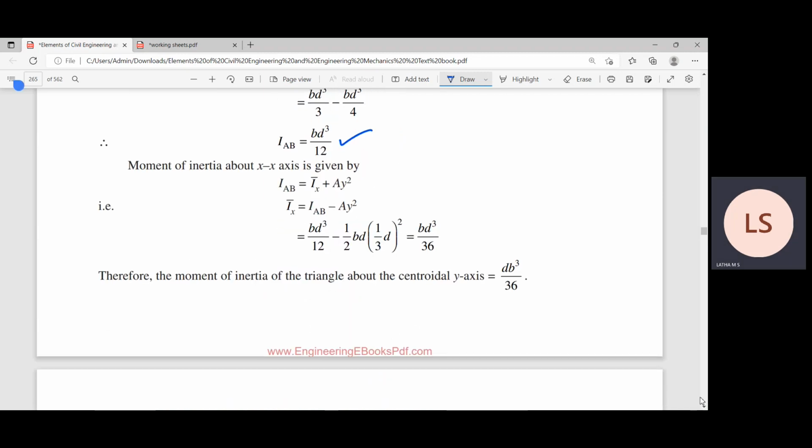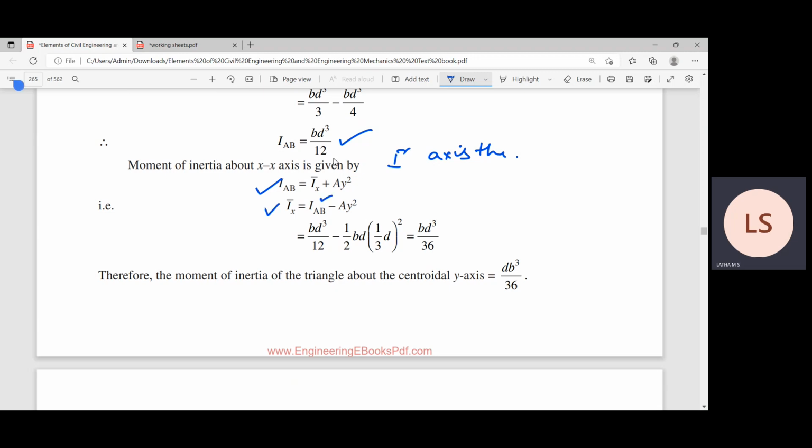But now I want IXX, so I'll apply the perpendicular axis theorem, which is given as IAB is equal to IX bar plus A y bar squared. I'm supposed to calculate IX bar.